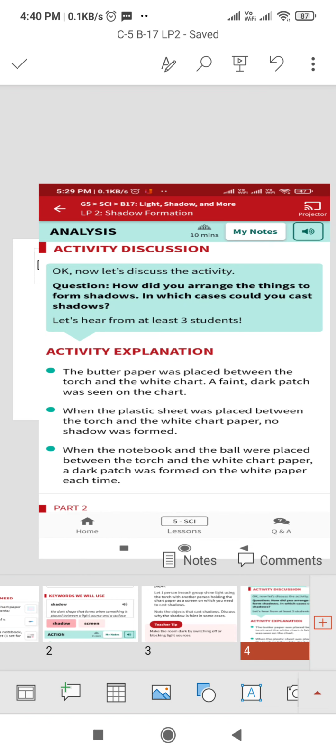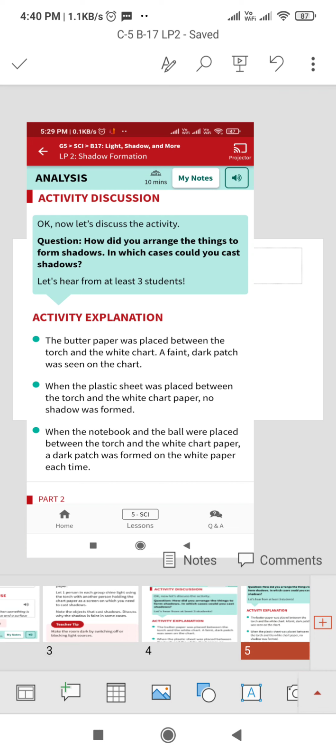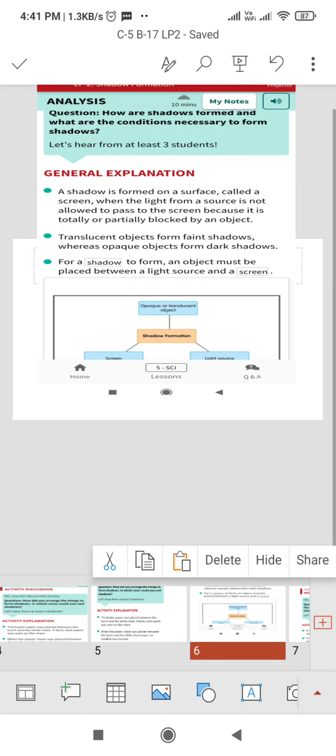Screen. Third one is light source. Light source that is also required for forming a shadow. So these are the three things that are required to form a shadow. Firstly, opaque object, screen and light source.